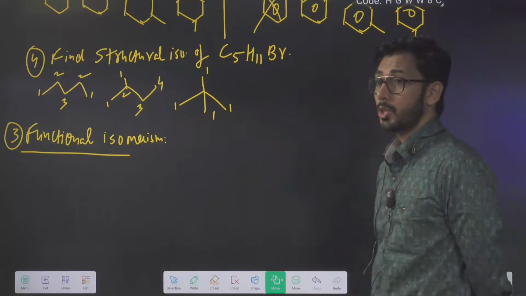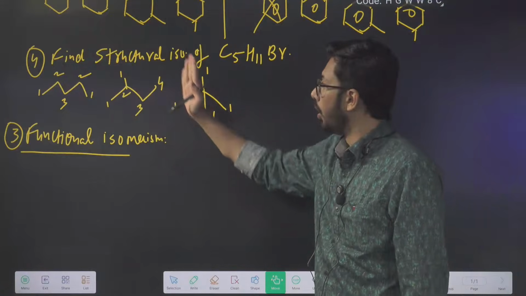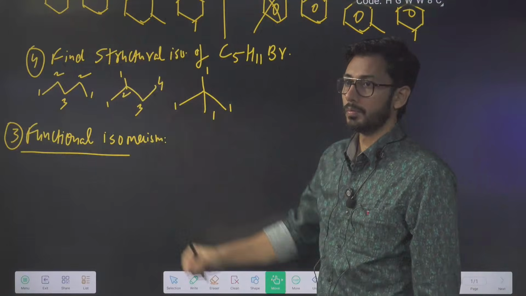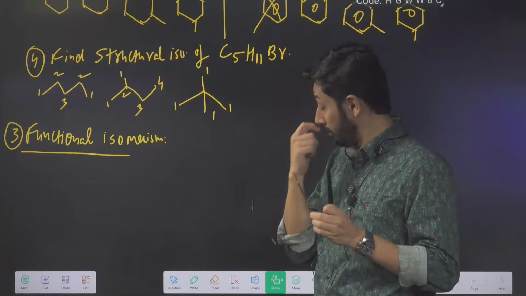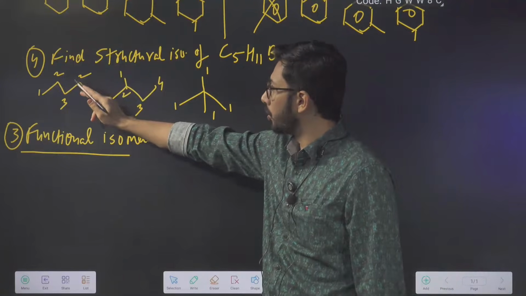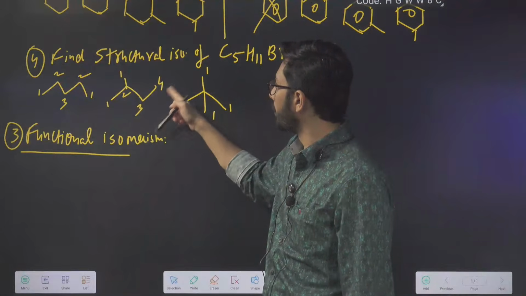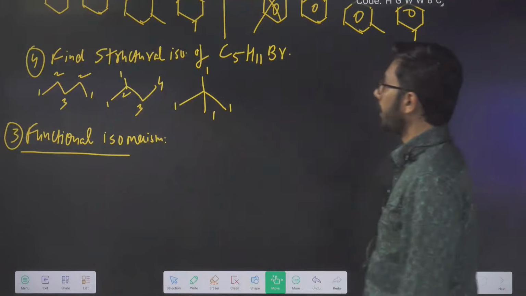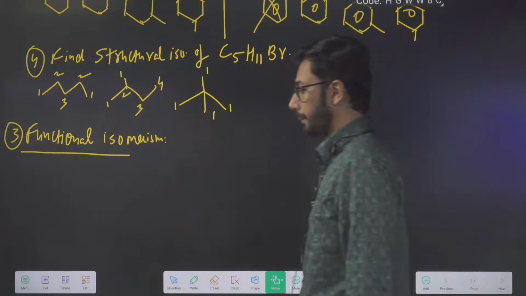Total structural isomers 8. In practice notebook, you can write the structure also. 1 bromo, 3 parent chain, only 1, yes. 1 bromo, 2 bromo, 3 bromo pentane. Then here 1 bromo, 2 bromo, and here it becomes 2 bromo like this. So write down the 8 structures in a practice notebook separately.